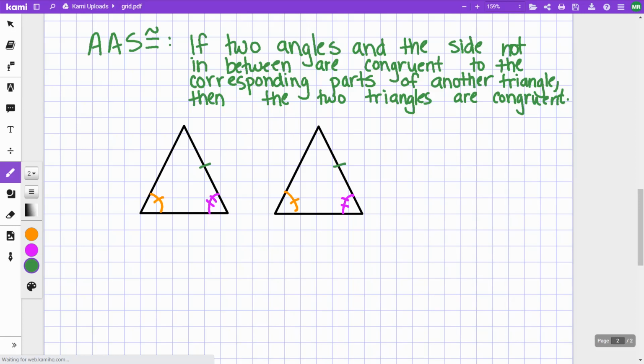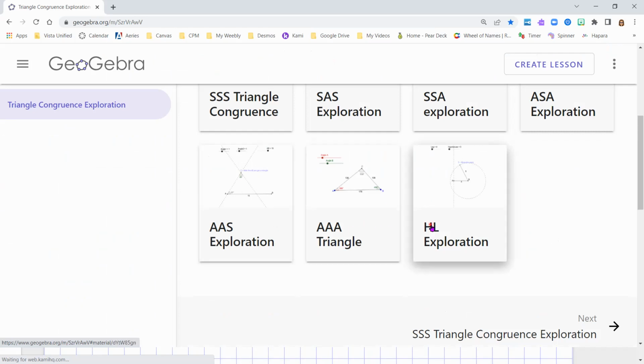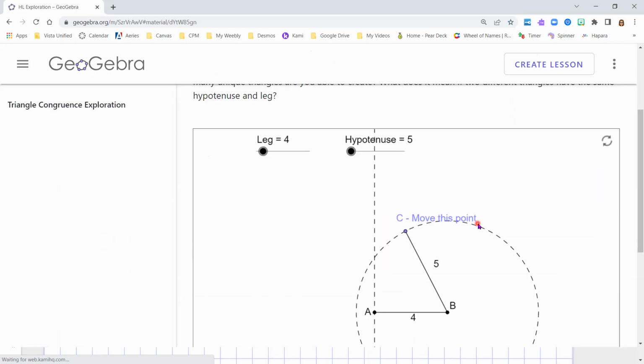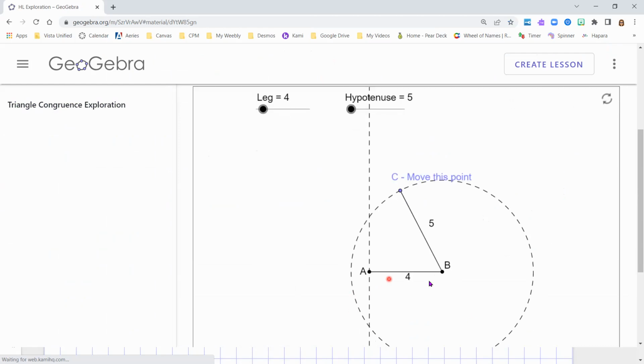And the next one I'm going to try is hypotenuse leg. So hypotenuse leg, this is dealing with a right triangle. Okay. So in this situation, you have this leg here, that's a 4. This is a 90-degree angle. So you see the 90-degree angle shooting up. Okay.